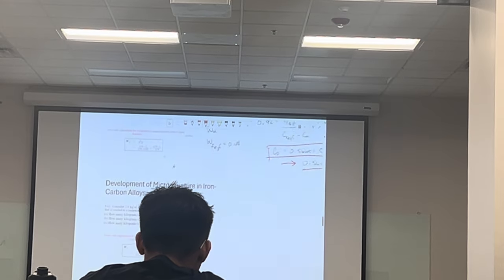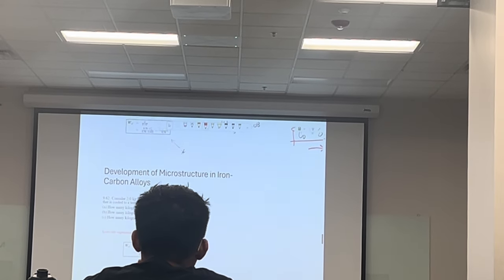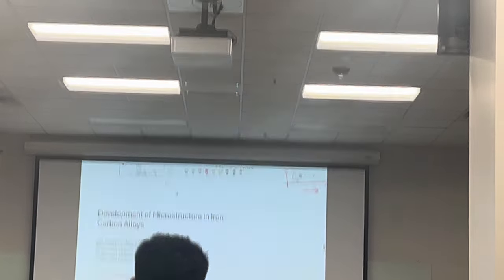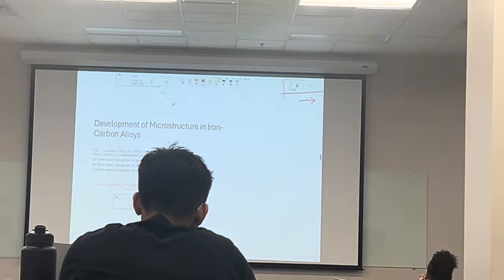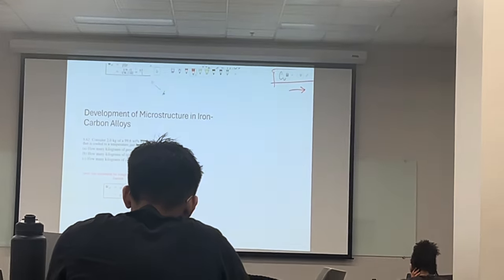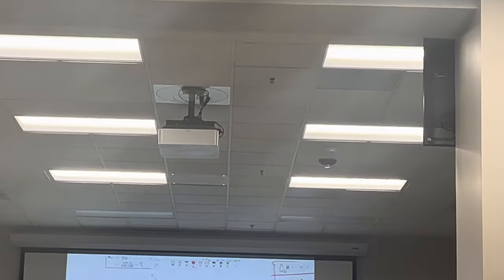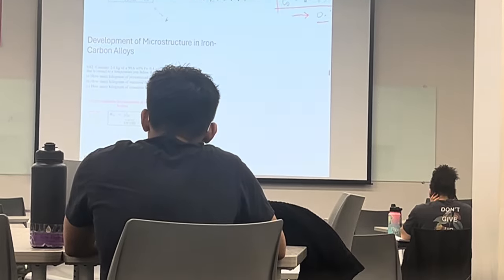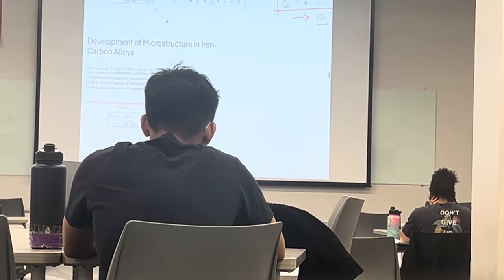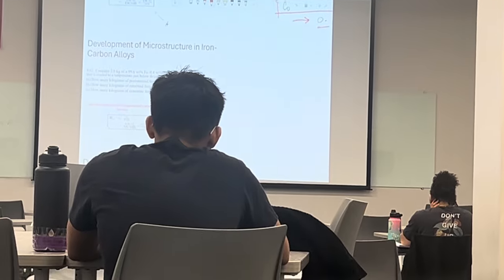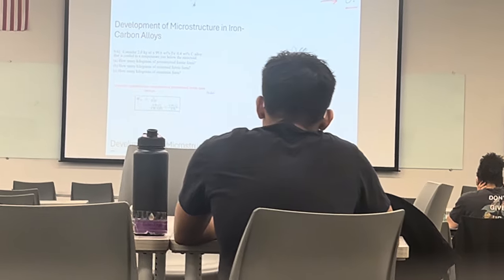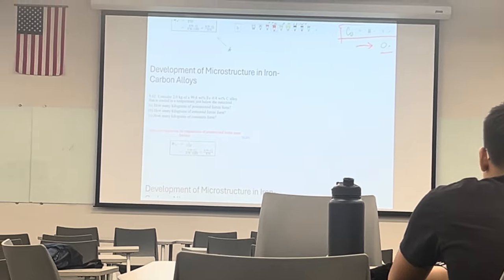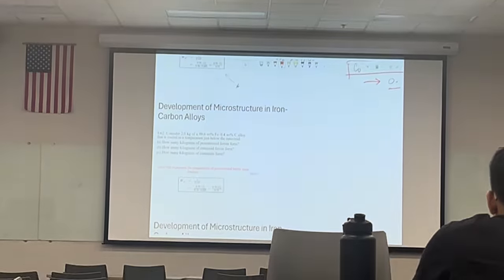So almost done. This one is kind of the same thing, but they're asking how many grams of proeutectoid ferrite are formed, and cementite as well. So this one is C2N. We're just going to use that equation to come up with the composition, and then from there back calculate so that we can get mass.